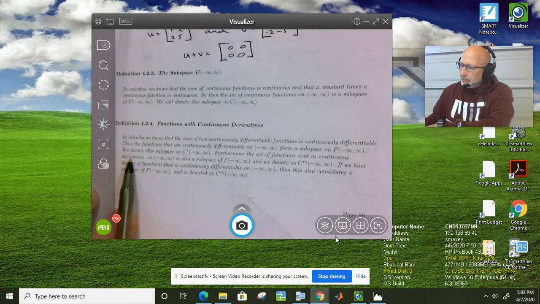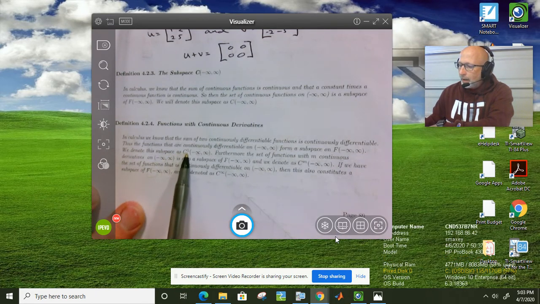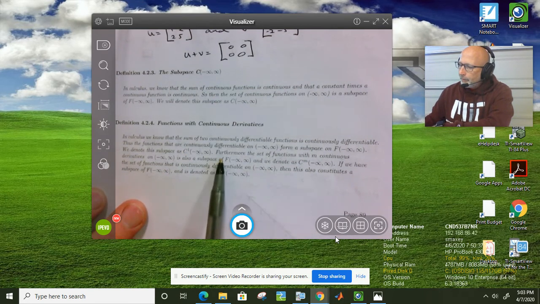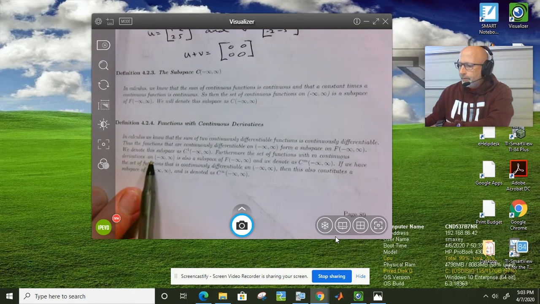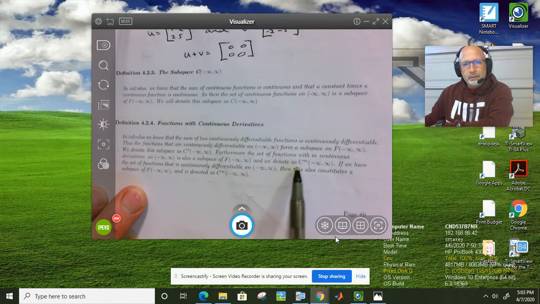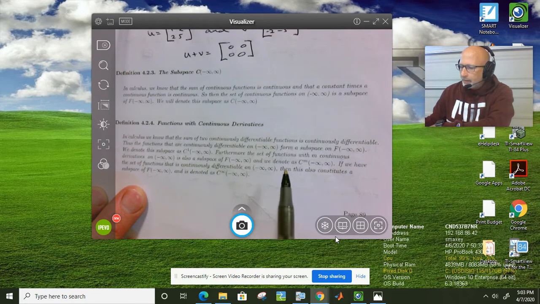We denote this subspace as C1, so you can take the derivative one time. Furthermore, the set of functions with m continuous derivatives is also a subspace of F of negative infinity to infinity, and we denote this as Cm of negative infinity to infinity. So we're able to take the derivative m times on this set.